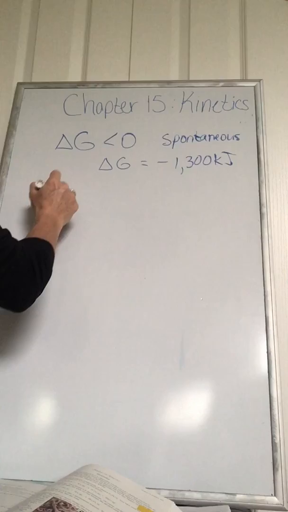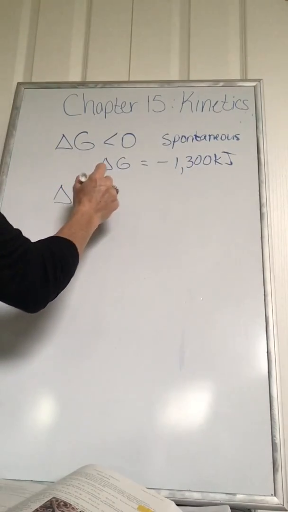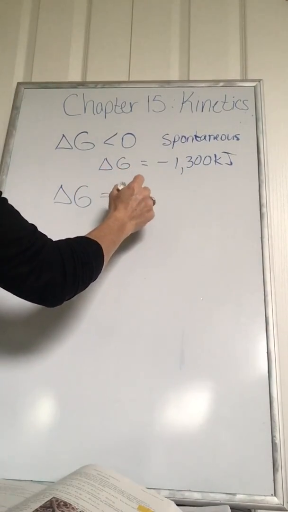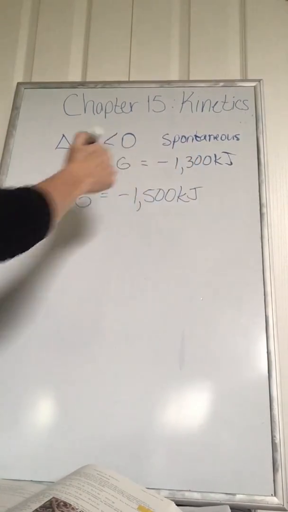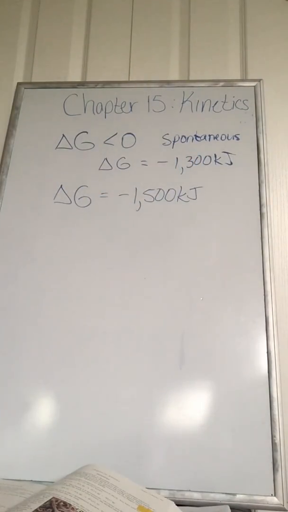Well, the delta G for this reaction actually releases more energy than the combustion of ethanol. So if all we did was consider the delta G to see the impact of a reaction, we would say that rusting of iron releases more energy than the combustion of ethanol.